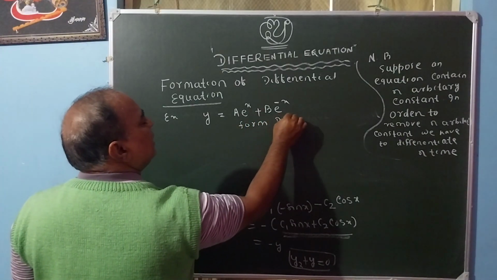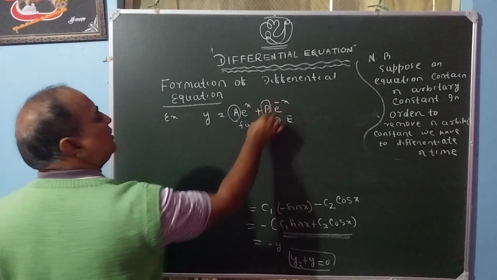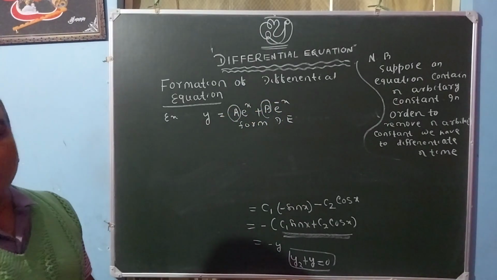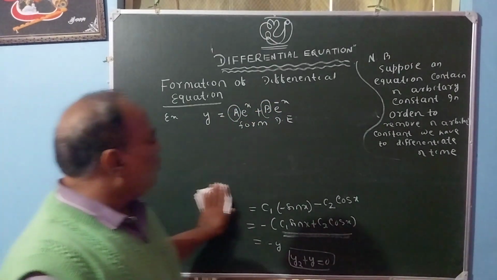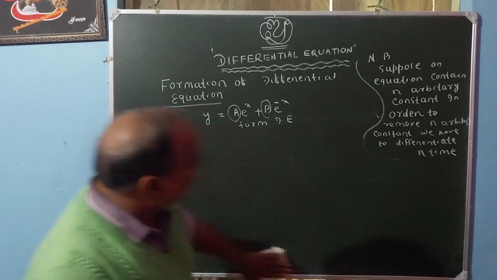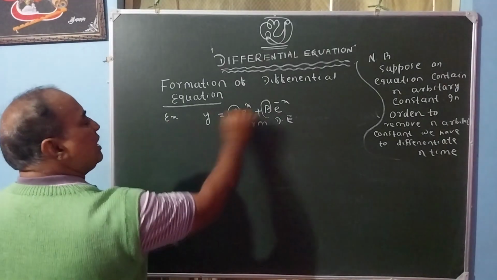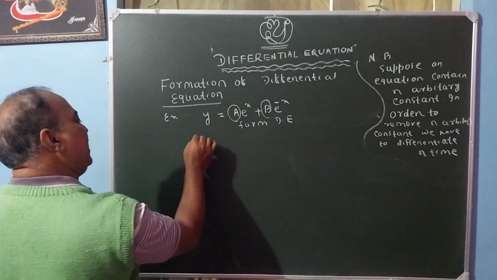Here there are two arbitrary constants, a and b. In order to remove two arbitrary constants, we have to differentiate it two times. So write down: differentiating on both sides with respect to x.